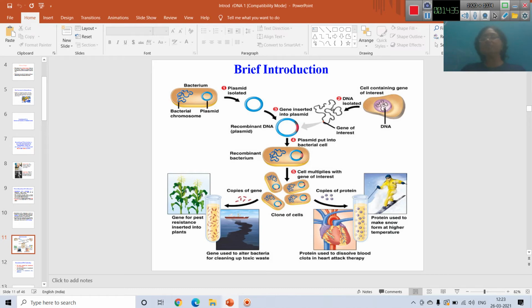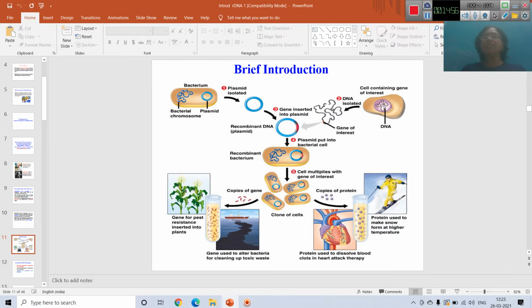This vector is usually a transcribable vector. It has all the genes responsible for transcription, and because of this the messenger RNA is synthesized, and then the messenger RNA is translated to give you copies of proteins.